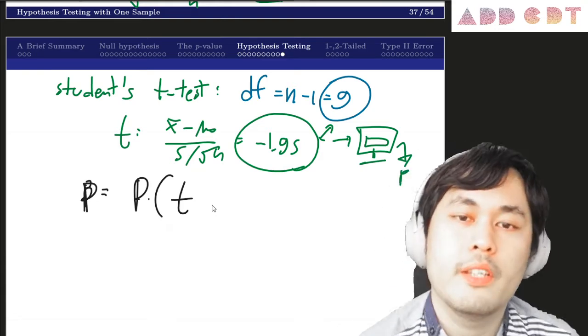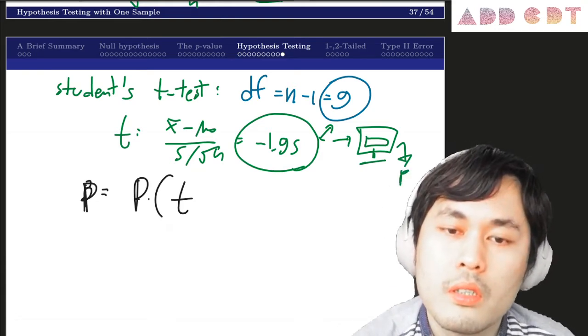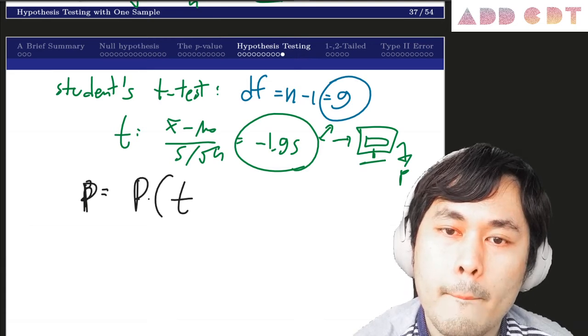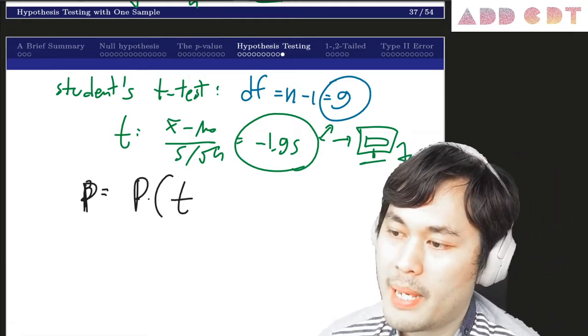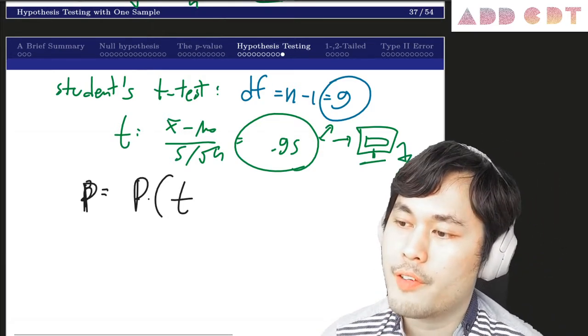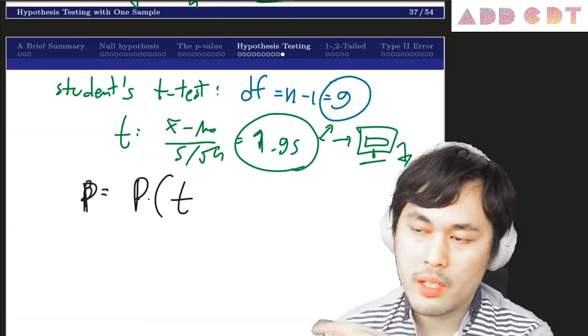I think I flipped the curve somehow. Okay, yeah. That's supposed to be plus 1.95. I'm going to fix this slide.